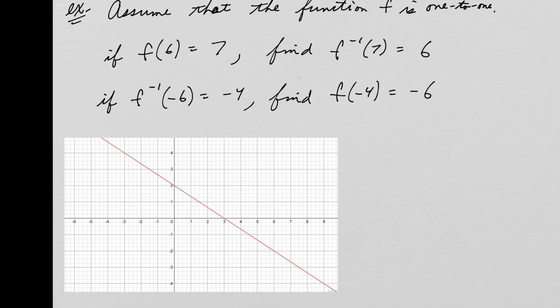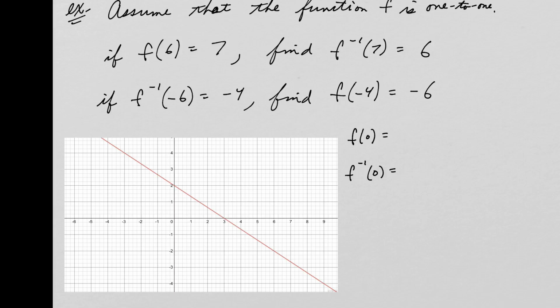Okay, here's another example. Let's say I'm given this graph, right? So this linear graph, and I want to do several things. I want to find f of 0. I want to find f inverse of 0.